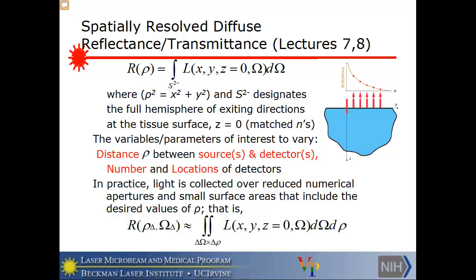And this distance rho between the sources and the detectors, as you can imagine, determines really the amount of reflectance. If the distance is large, you can expect that fewer photons will migrate from source to detector. So the statistics will not be as good. If the source and detector are close, then relatively more photons will find their way to the detector and you'll have better statistics.